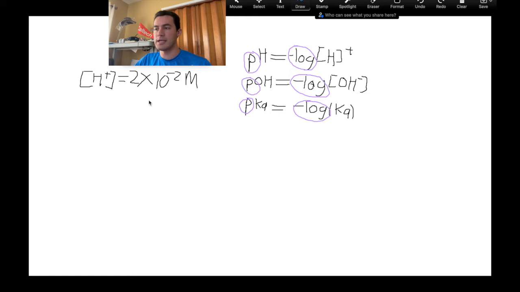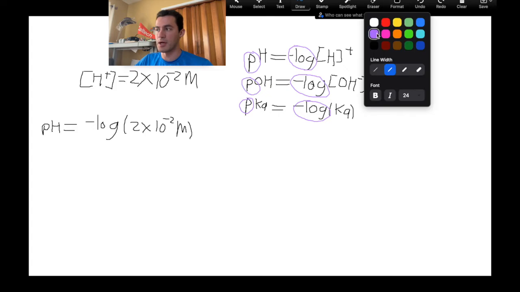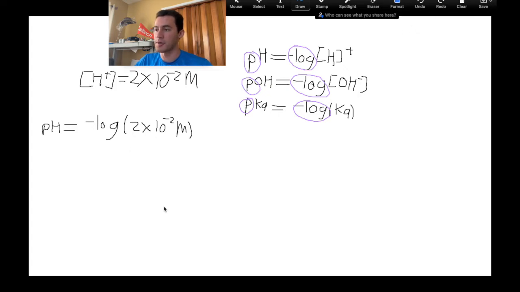So in order to calculate this, what we're going to do is simply take the negative log of 2 times 10 to the negative 2. Now, we could do this with the calculator. However, I will show you a method in which you could solve this and get a close approximation without a calculator. So I'm going to color code different parts of this number.